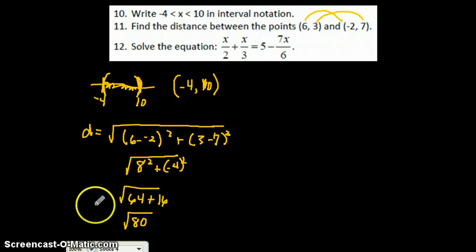Now, if there's multiple choice and that was one of the answers, that'd be wrong, so we need to simplify. See, I know 4 goes into that, but 16 goes into that 5 times. So that's 16 times 5. That would be radical 16 and radical 5, so 4 radical 5, final answer.